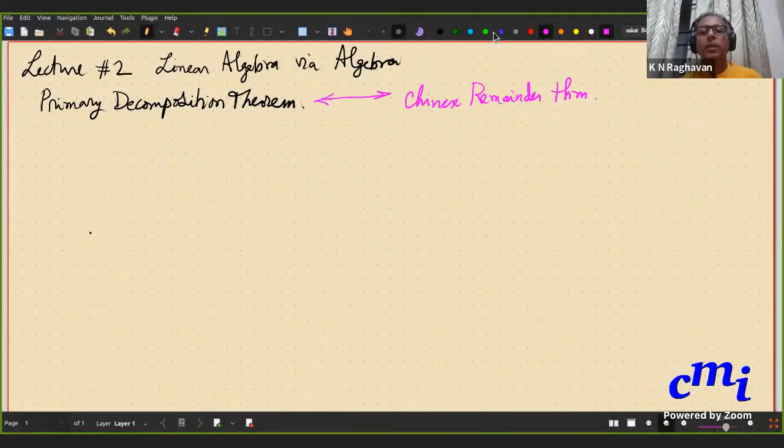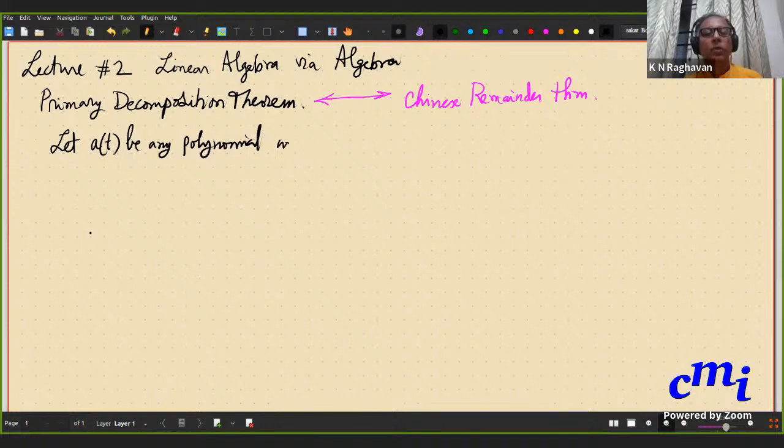So the idea here is, let's recall. Let me call it A of t any polynomial in K of t. Remember, K is a field and t is a variable, such that A of T is 0. So what do I mean by this?